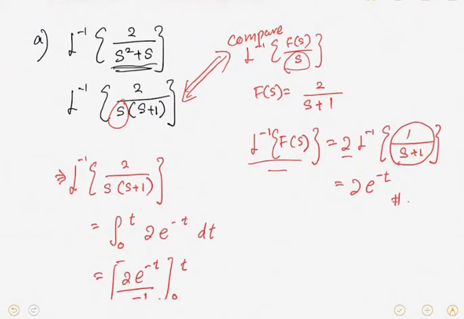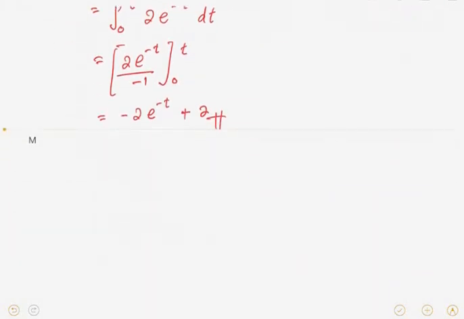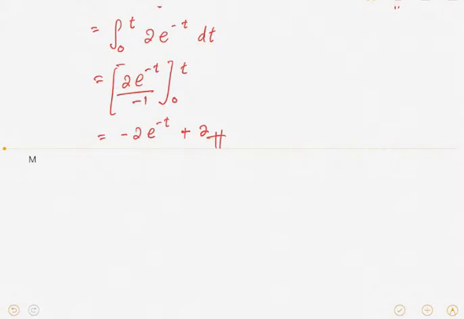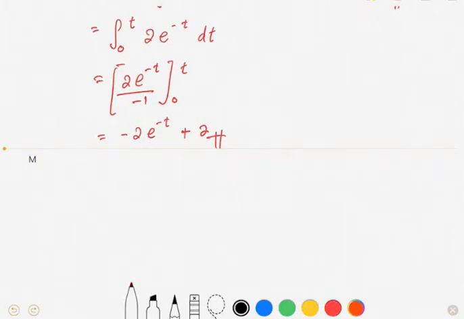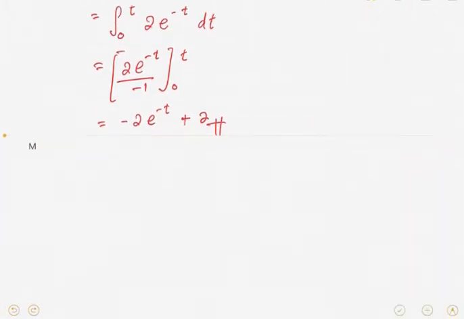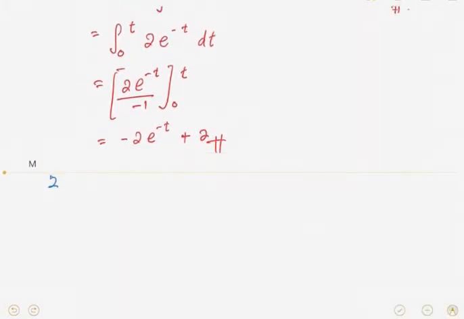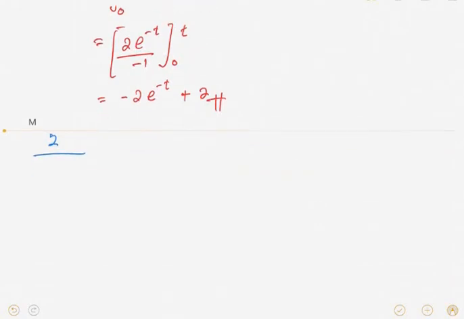Let's say if you want to solve using partial fraction expansion, that should be no problem also. Let's say you use the same question, 2 over s squared plus s. So you can solve like 2 over s times (s plus 1).